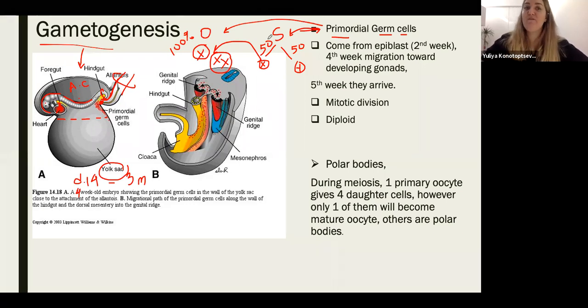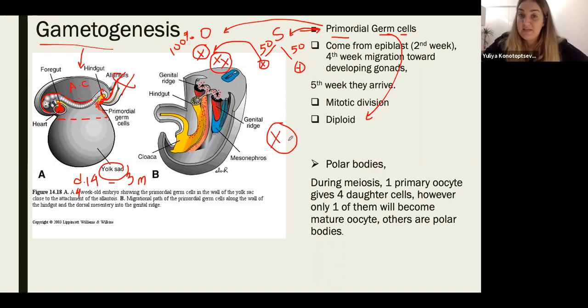So how do you know if you're making an oocyte or if you're making a spermatozoa, right? So how do I know that this particular PGC has to give rise to the oocyte? We said that the sex cells are haploid, but PGCs are actually diploid. If you look at a PGC and it is diploid, it could be carrying either XX or XY.